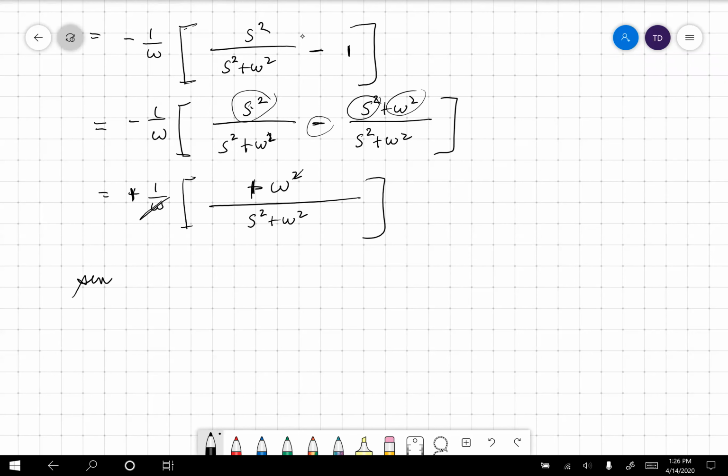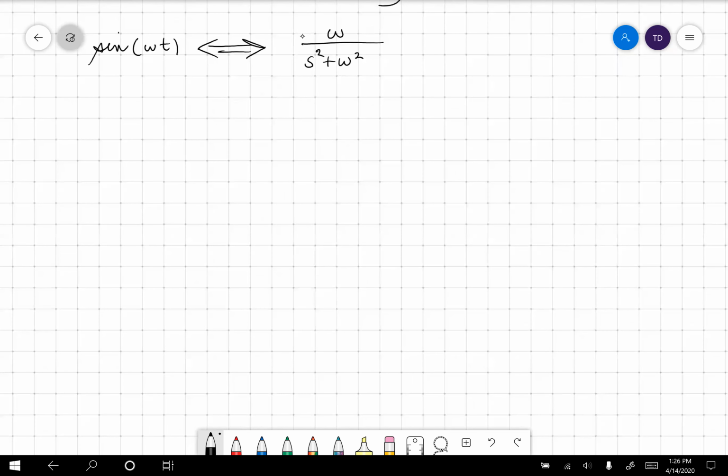Sine of omega t Laplace transforms into omega over s squared plus omega squared. Okay, that's wonderful.